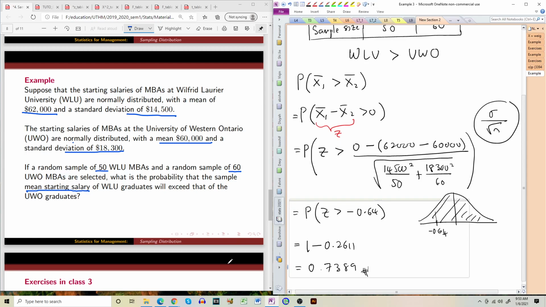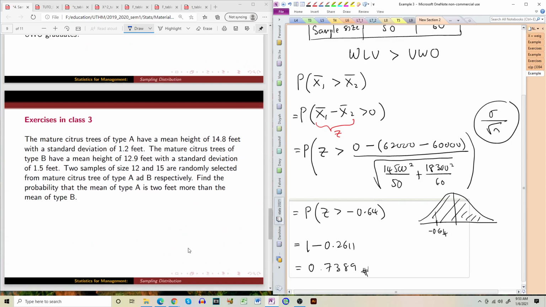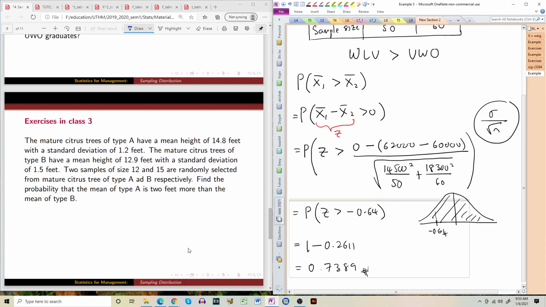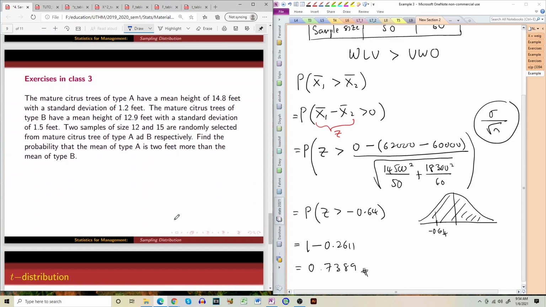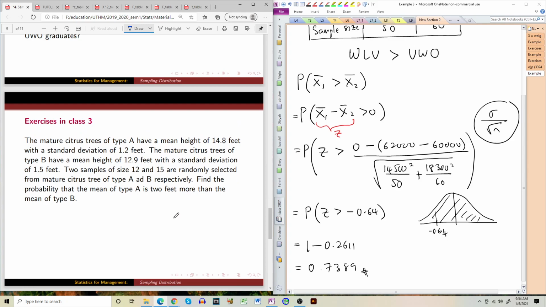Okay, this is the answer. Those who have done this, the probability that WLU is greater than UWO, University of Western Ontario, is 0.73. Those who have done this, try exercise in class 3. Last exercise for today. Later I'll see you guys at 11 and 2.